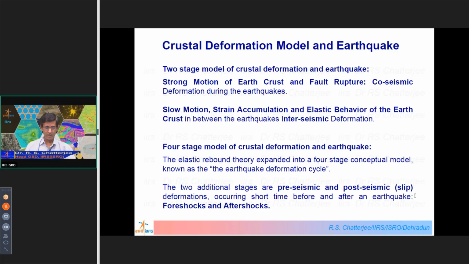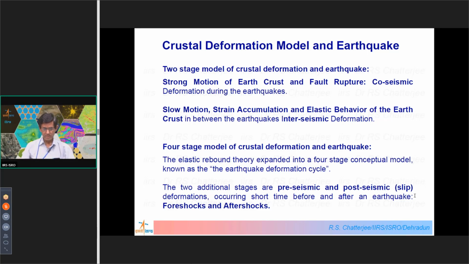But this is extended further to a 4-stage model of crustal deformation and earthquake. This elastic rebound theory expanded into a 4-stage conceptual model, also known as the earthquake deformation cycle. Initially there are the 2 stages, the strong motion and the slow motion.